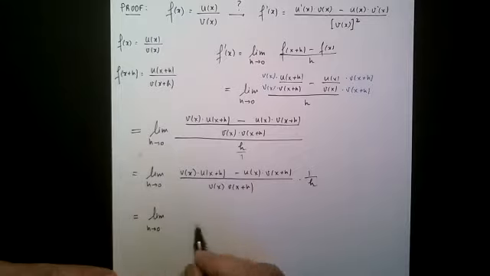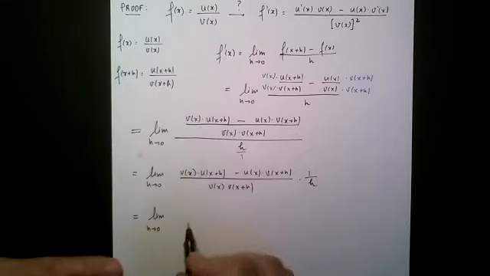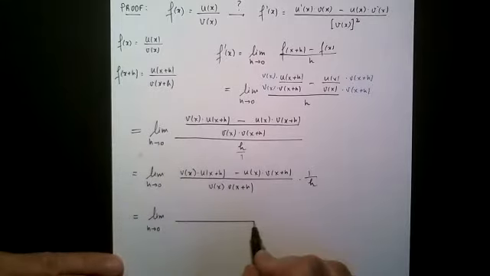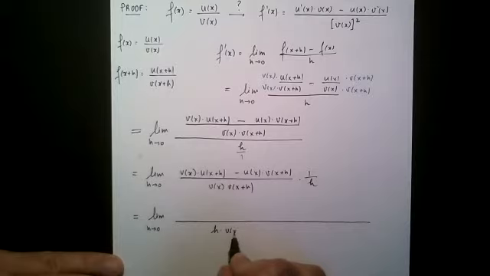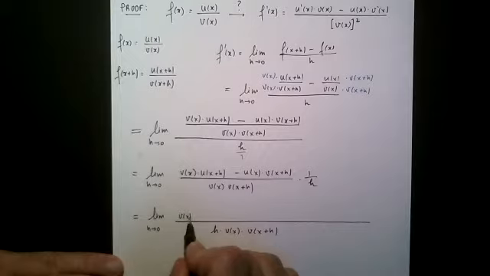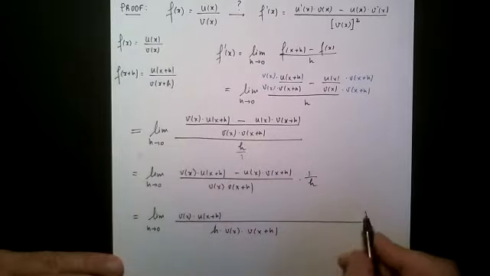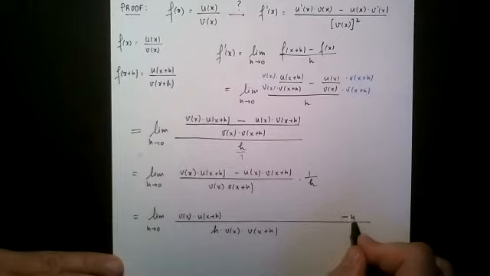Equals the limit as h approaches 0, and now this is my little trick. I'm going to combine the two fractions by putting the h at the bottom. So I have h times v of x times v of x plus h as my denominator, and my numerator is v of x times u of x plus h, minus u of x times v of x plus h.